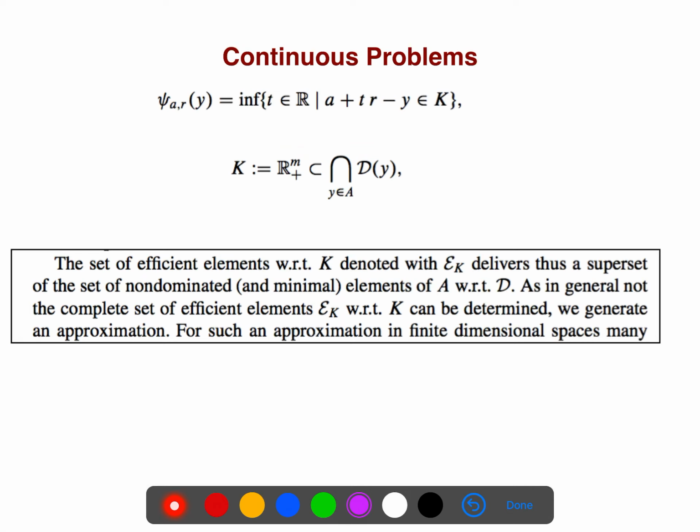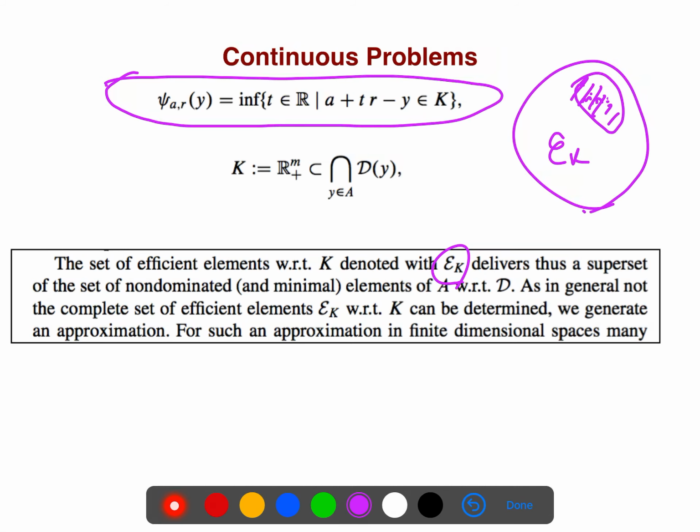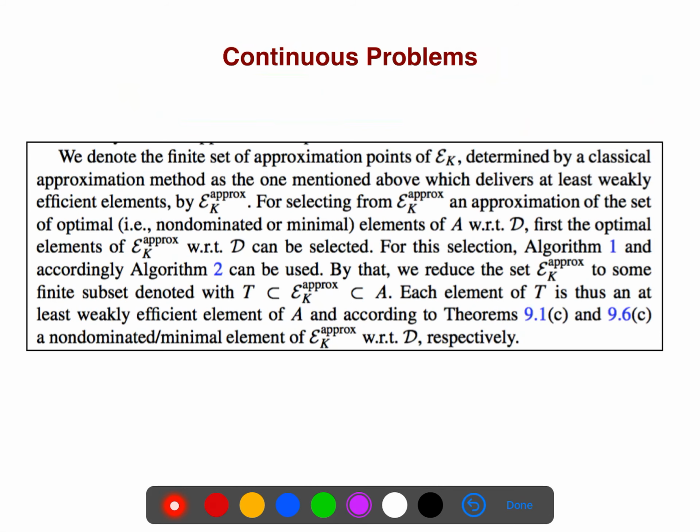So using this lemma, this is the Gerstewitz functional that Christiane Tammer used to work on, but it is not the only functional that you could use. So the set of efficient elements with respect to K is E_K, which is a superset. It is the superset of the set of non-dominated and minimal elements. So minimal elements and non-dominated elements are here.